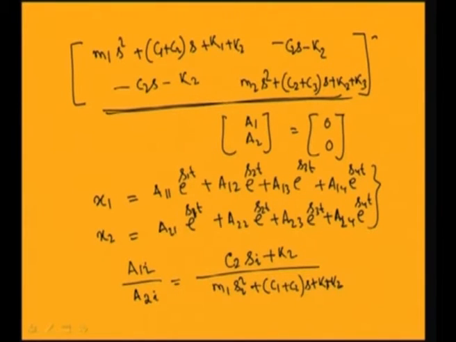So for a stable system, all the 4 roots must be either real negative numbers or complex numbers with negative real parts. So you know, for a stable system, all the roots should have a negative real part. If they have a positive real part, then the solution will contain e to the power s1t growing.